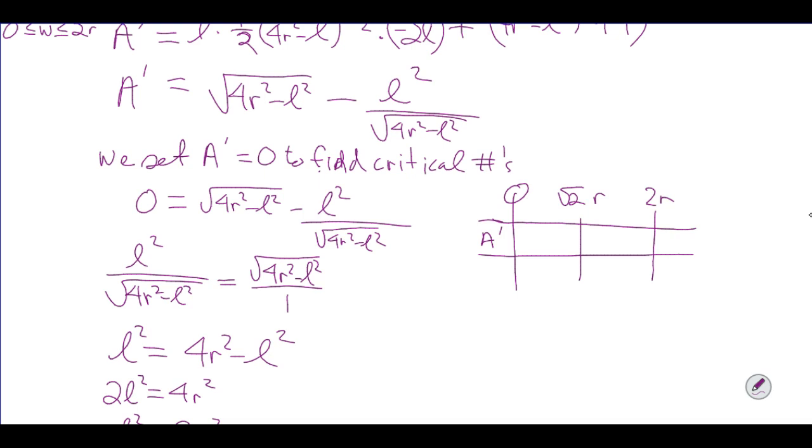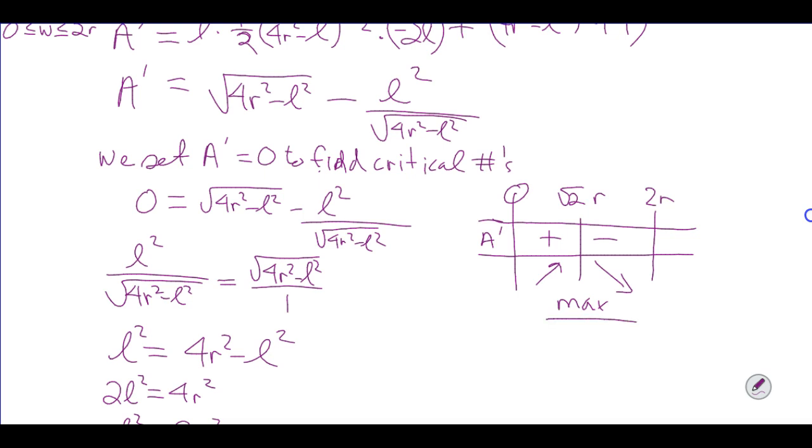So this will be bigger than this, so it'll be positive. If we take something close to 2r, this is going to be like 0, because you'll have 4r squared minus 4r squared. It's not quite 0, but this will end up being very small, and this will end up being negative infinity, because you'll be dividing by a number close to 0. So this goes up, and this goes down, leading us to what type of shape? We've got a maximum. Okay, so this is a max.